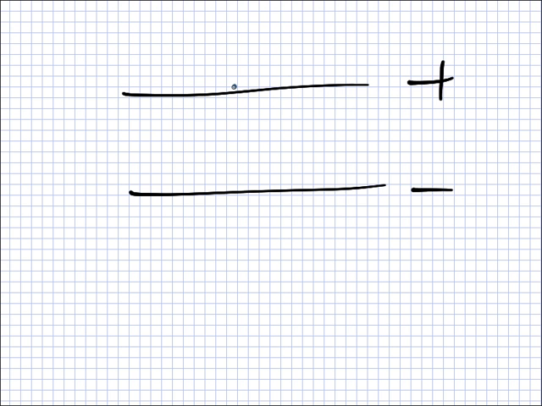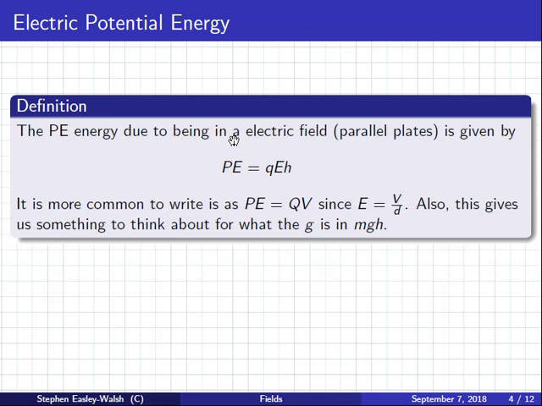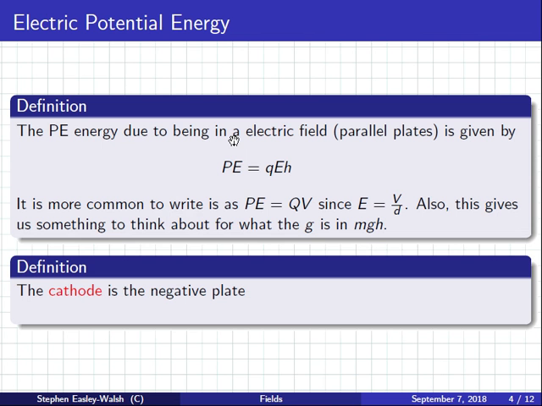This plate has a name. You call it the something plate and the something plate. Which is which? I know it's negative and positive. Or is it the other way around? I think you use cathode and anode to mean ions, don't you? Like, do you say cation or something? And what's a cation? A positive one. Yeah, but for the plates, the cathode is the negative plate.